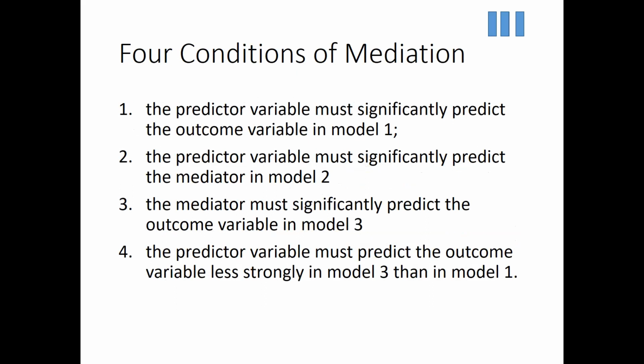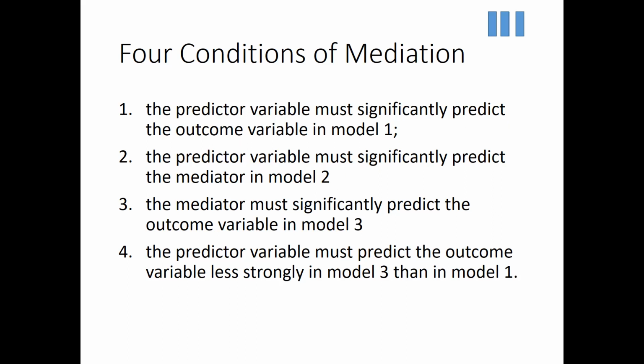Also, the predictor variable must predict the mediator, right? Parental education level, socioeconomic status, right? The mediator must significantly predict the outcome, so parental education level, child reading level, right?